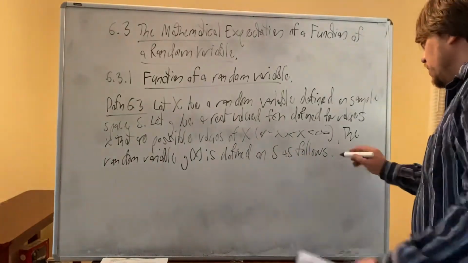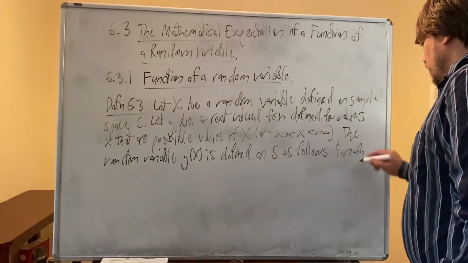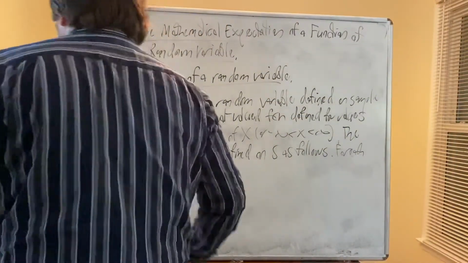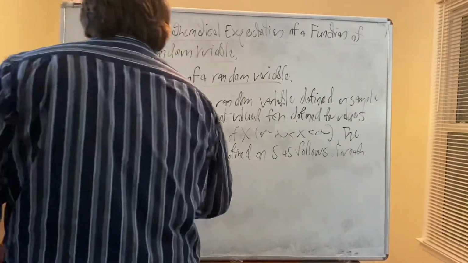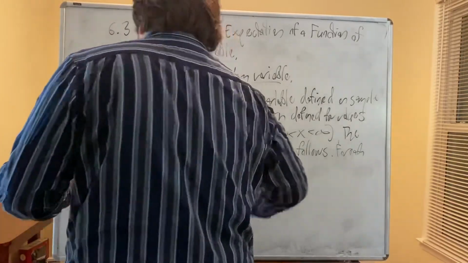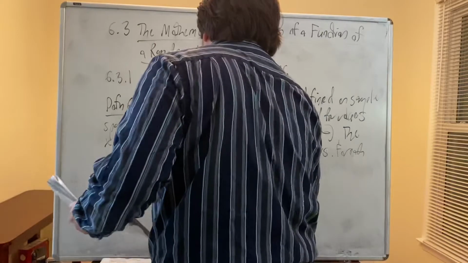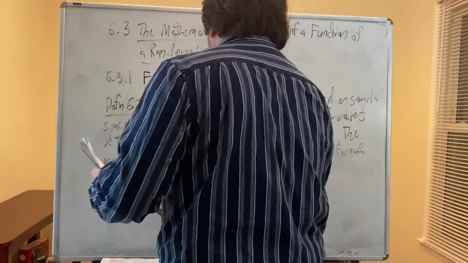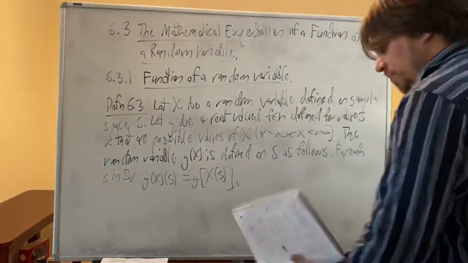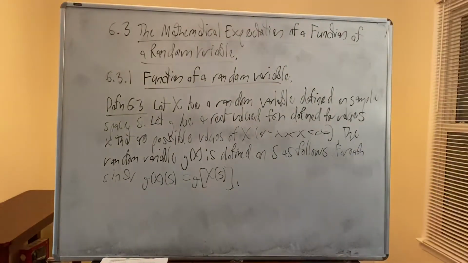For each little s in capital S, G of X of s is equal to G of capital X of s.